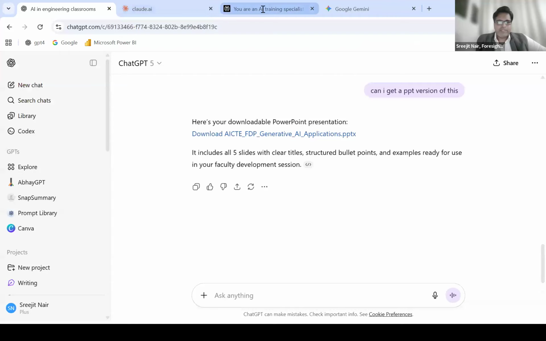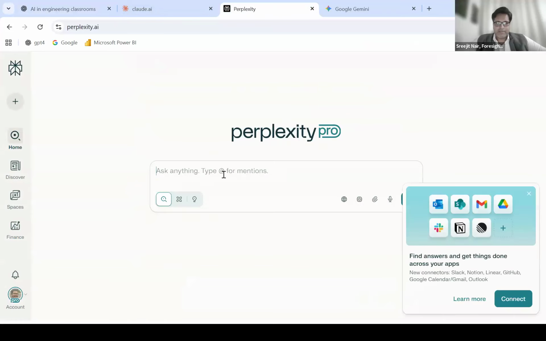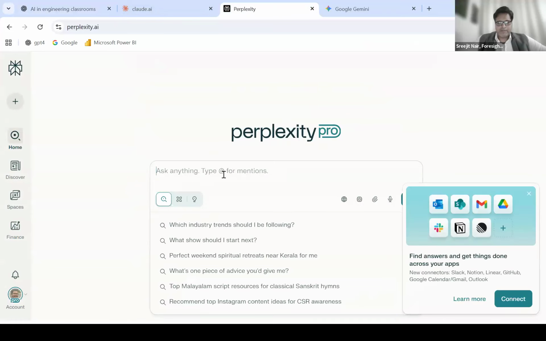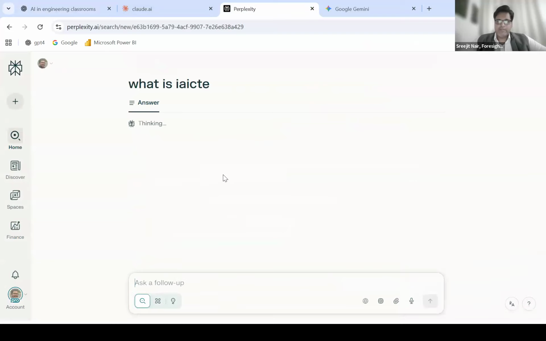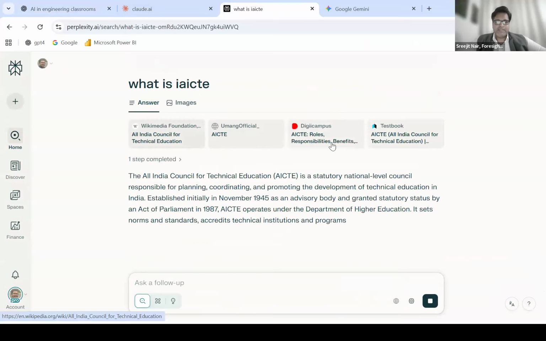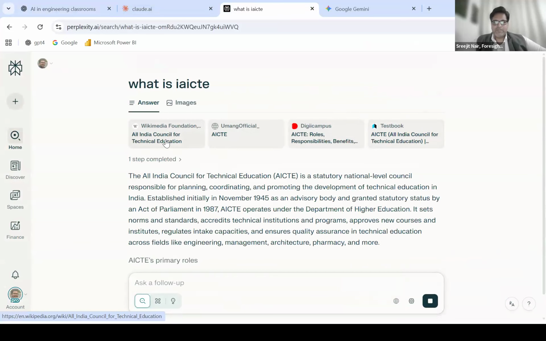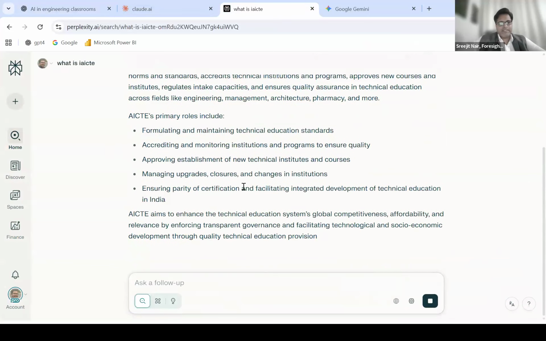Coming back to the Perplexity one, I believe it was a very specific task I asked. Something like what is AICTE, if I am looking at it, it will just mention that it has looked at four sources. What are the four sources and what exactly has it found?